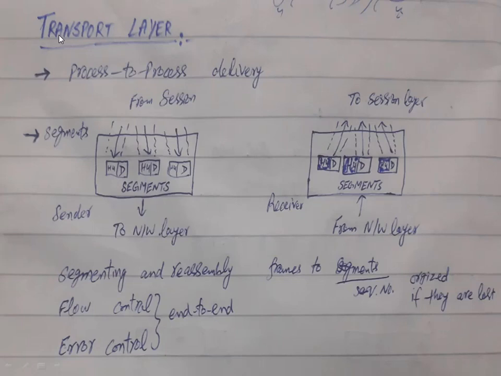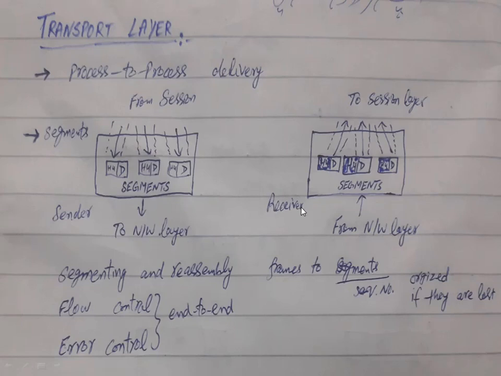Next one is the transport layer. It is a process to process delivery. Here it is the transport layer, and from the session layer data goes to the transport layer, then the transport layer transfers it to the network layer.